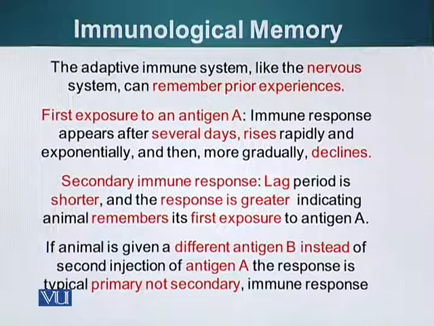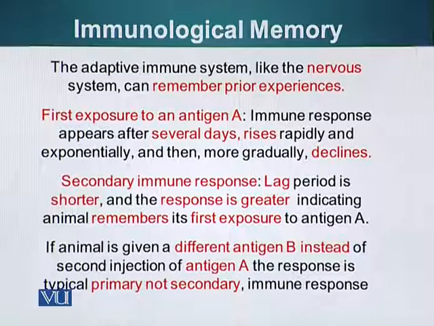It rises rapidly and exponentially, and then gradually declines. On the second exposure to the same antigen, the lag period is much shorter and the response is much greater, indicating the animal remembers its first exposure to that particular antigen. In our case, it is antigen A.